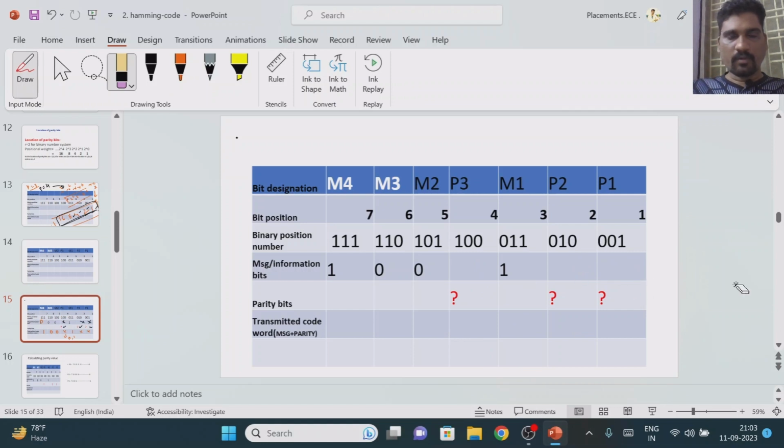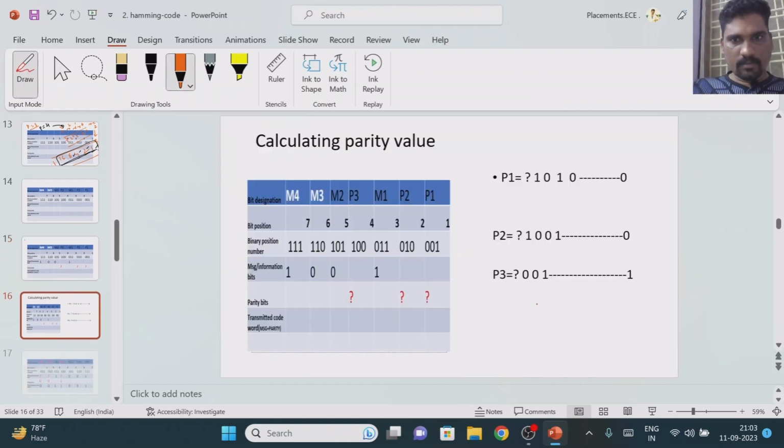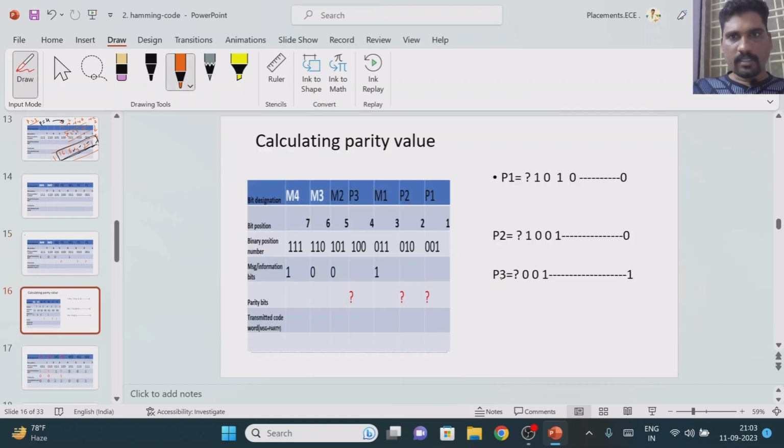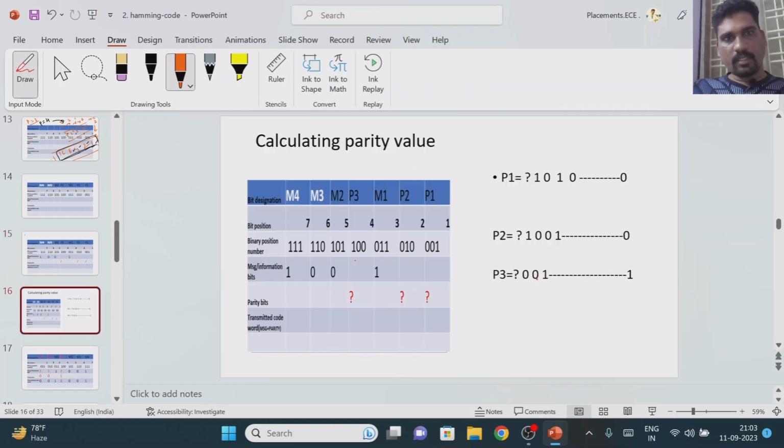So we need to find out the value of P1, the value of P2, and the value of P3. This is what we need to find out, right? The same slide I am showing here for understanding purposes.